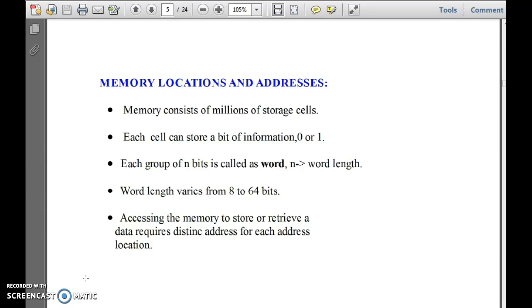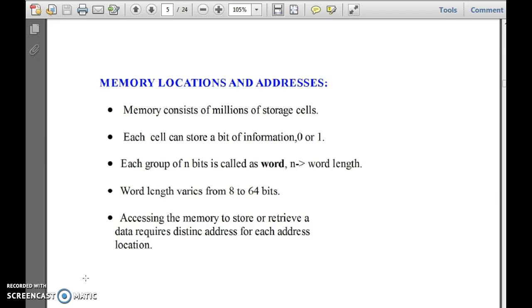Next, how an instruction is located in the memory, that thing we'll see in detail. Memory location and addresses. Every memory consists of millions of storage cells, and each cell will be having a bit of information. As we all know, the bits will be in the form of zeros and ones, and it will not just be a single bit, it will be in a group of bits, and this group of bits is called a word, and the word has a length, and that length varies from 8 bits to 64 bits.